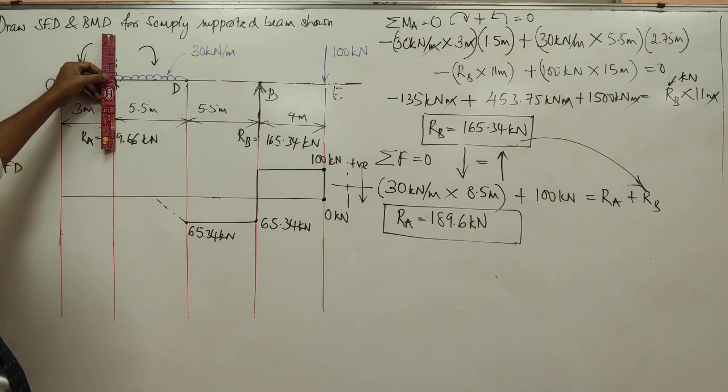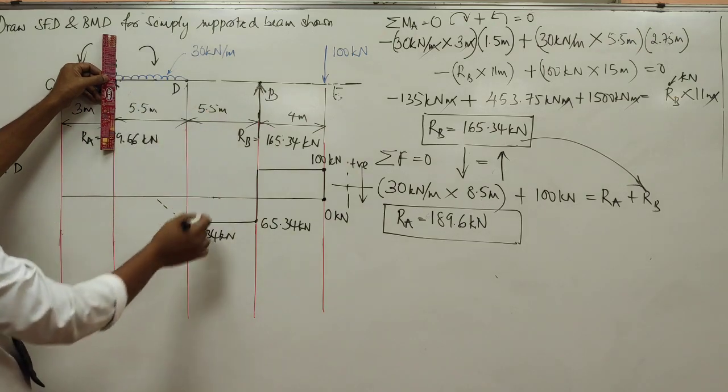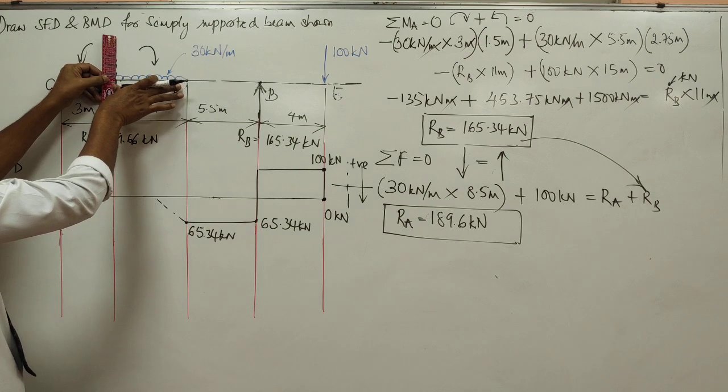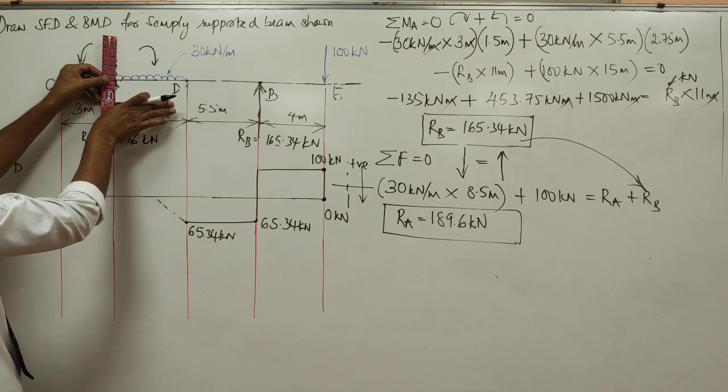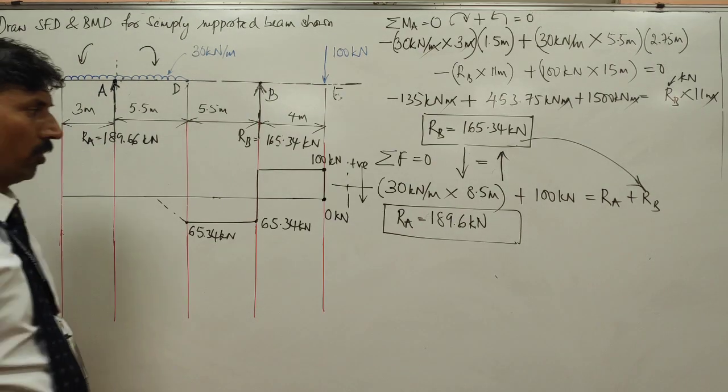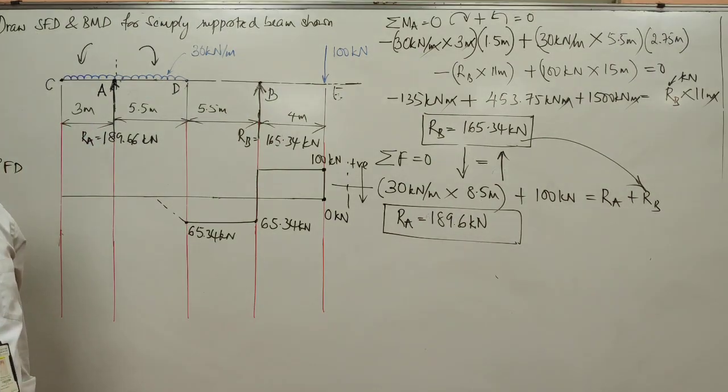Okay, now here it was minus 65.34 and there is an addition of 30 into 5.5. So 30 into 5.5 is how much? 165.